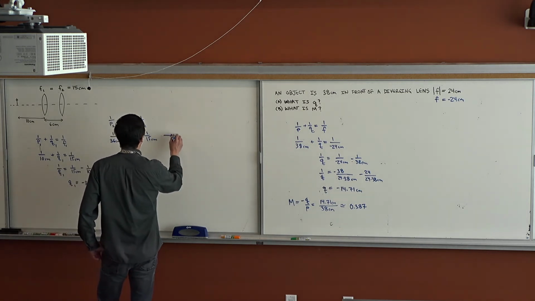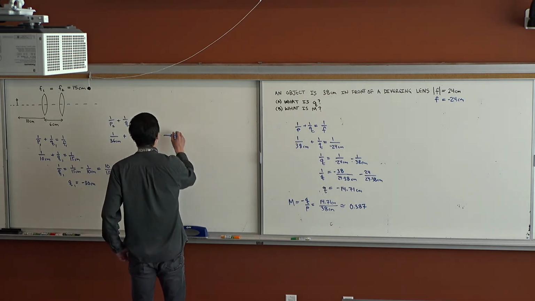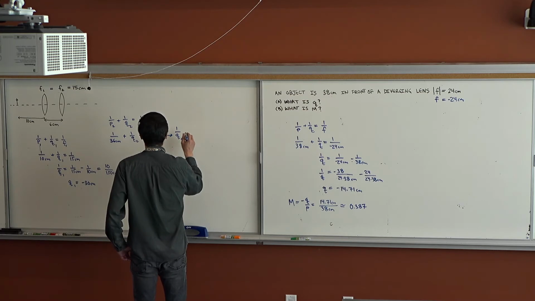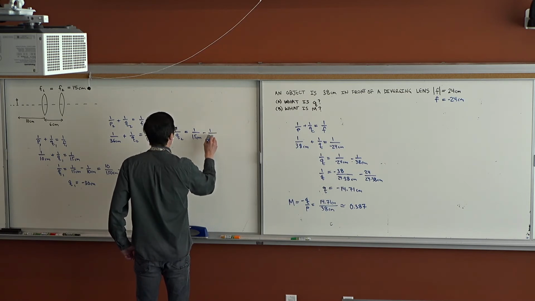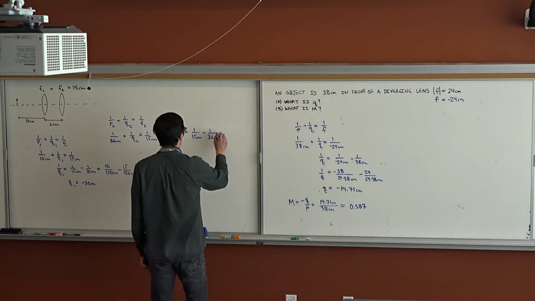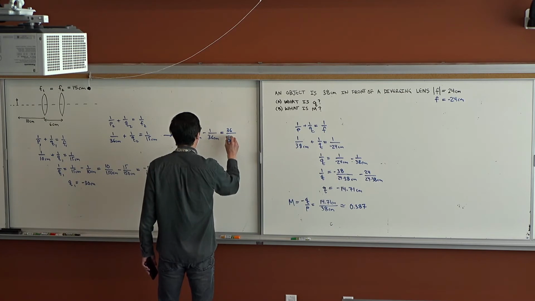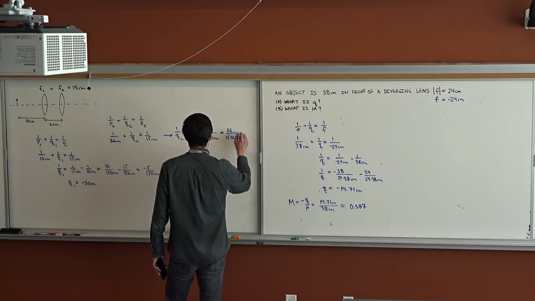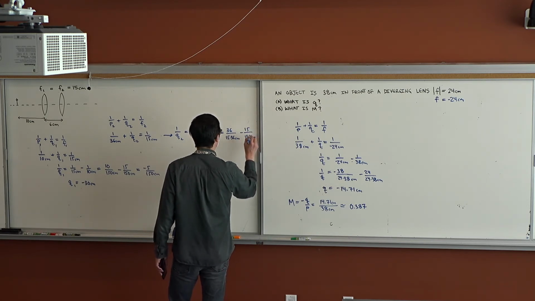This lets me say that Q2, well, let's do this in steps. 1 over Q2 is 1 over 15 centimeters minus 1 over 36 centimeters, or 36 over 15 times 36 centimeters minus 15 over 15 times 36 centimeters.